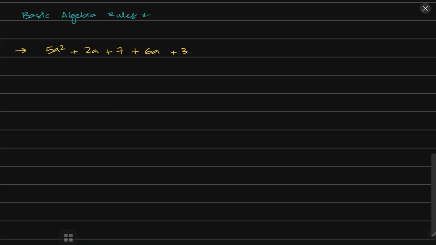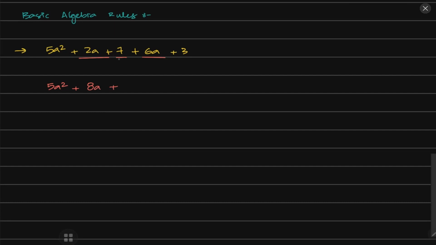You need to identify the like terms here. In this case it's 2a and 6a. They're both the same, like terms. So you can combine them and write them as one: plus 2a plus 6a will give you plus 8a.